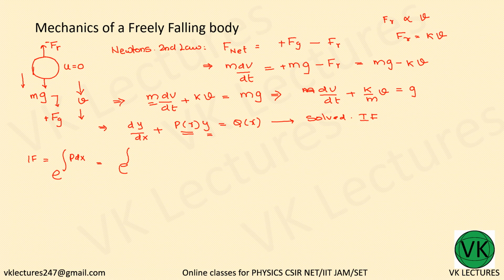Now here v is the dependent variable and k by m is the coefficient of the dependent variable, which is nothing but p. The independent variable here is the time t. So k by m dt.